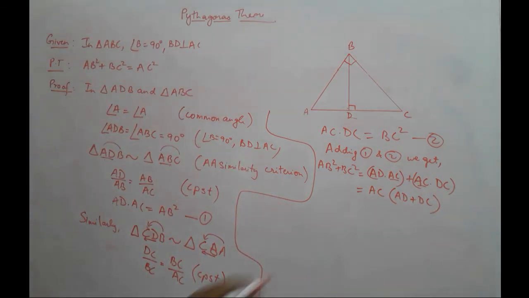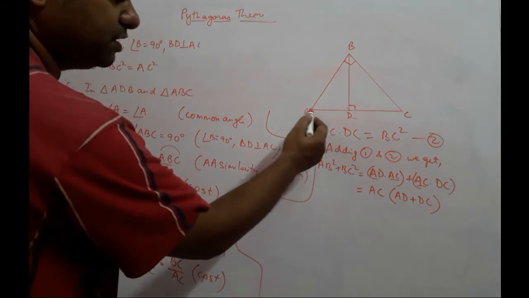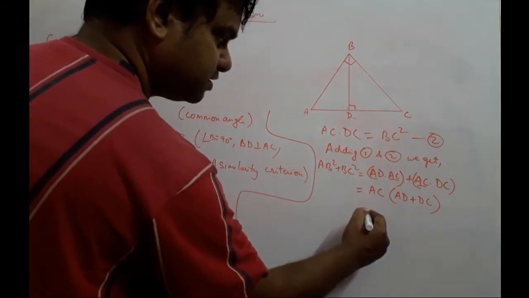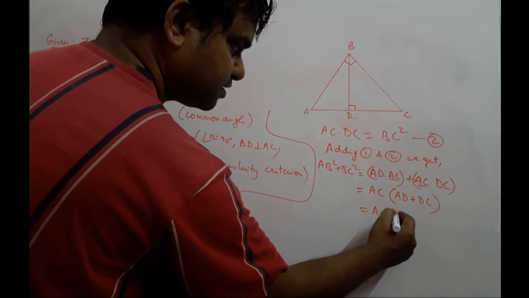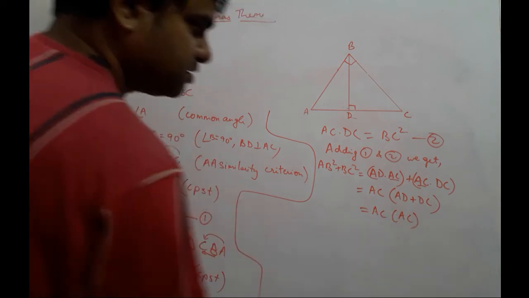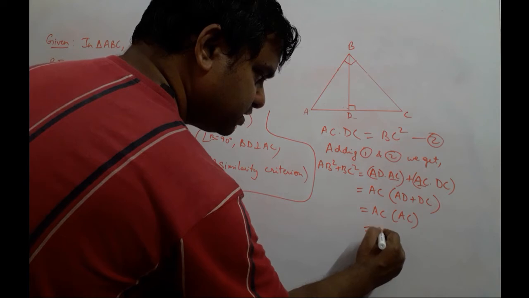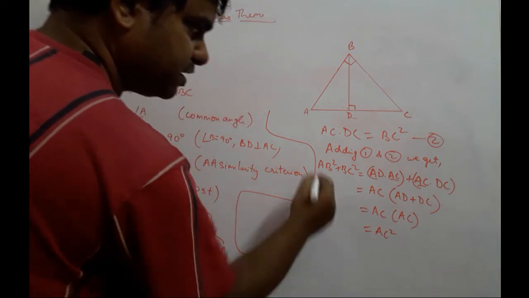Now what is AD plus DC? Have a look at the figure. AD plus DC is nothing but AC. Okay, correct. So now AC into AC gives us what? AC square, and that's how we prove it.